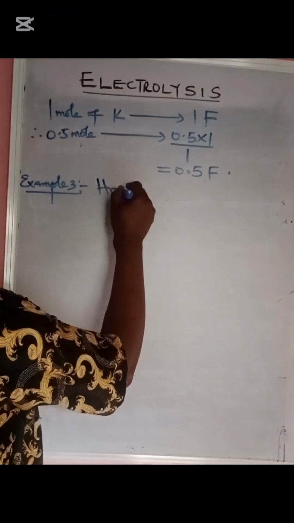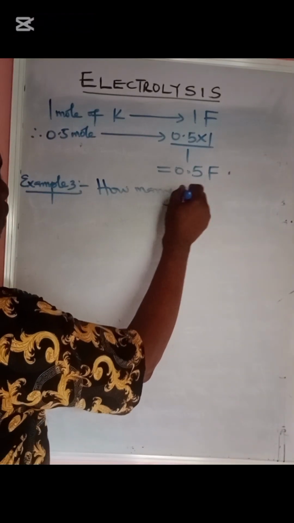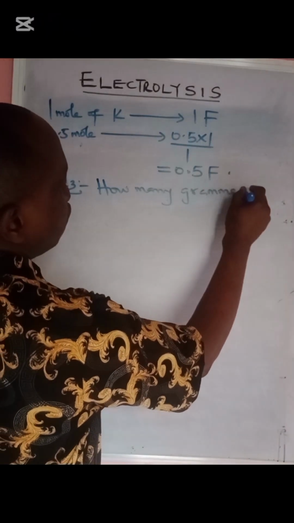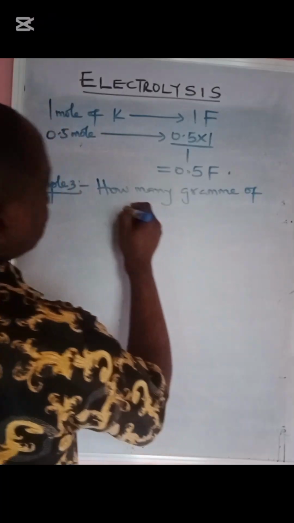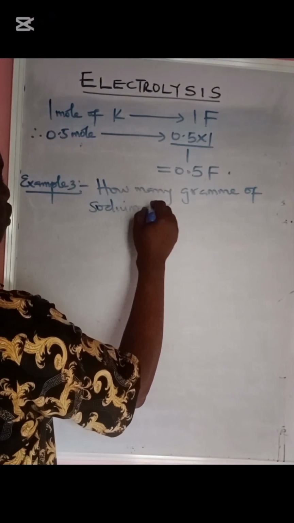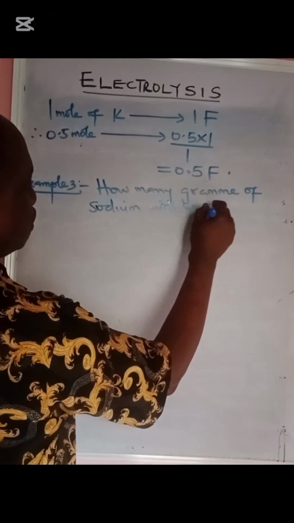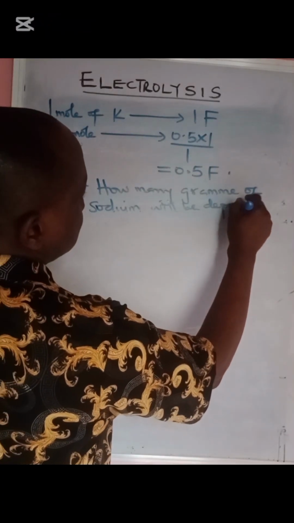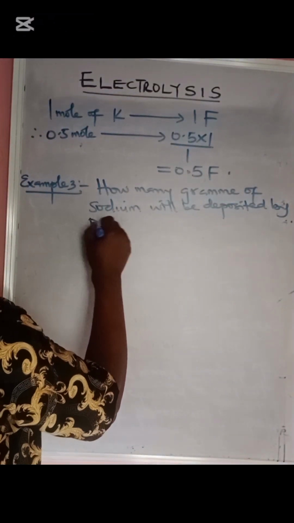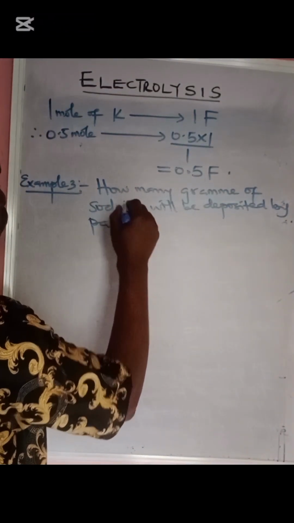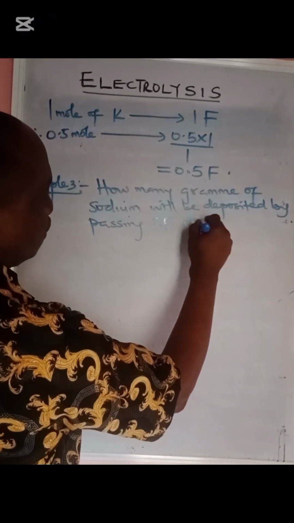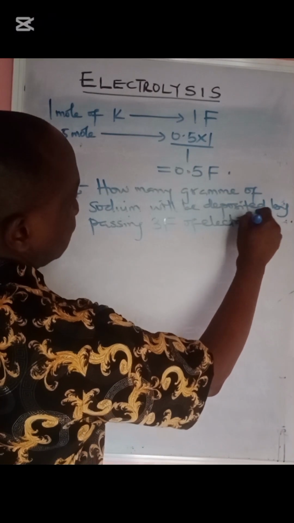So example 3: how many grams of sodium will be deposited by passing 3 Faraday of electricity?